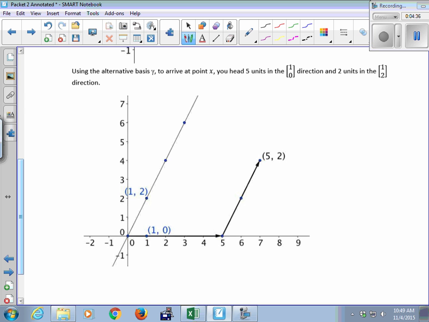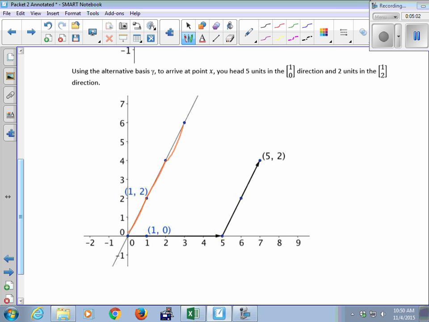All right, but let's use the alternative basis. It says 5 units in the (1, 0) direction and then 2 units in the (1, 2) direction. So first we have to determine what the (1, 2) direction is. From my origin, if you go over 1 and up 2, and I draw this line, and then keep going over 1, up 2, over 1, up 2, these are units in the (1, 2) direction.